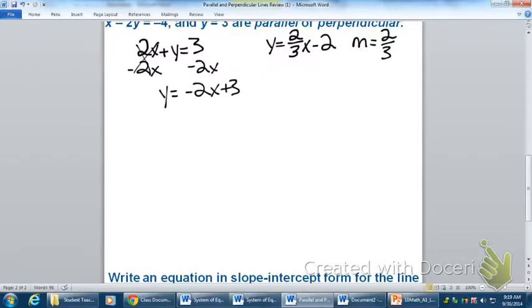What is the slope? Yeah, your slope is negative 2. Now, looking at both these slopes, you can tell if they're parallel or not. They're not the same, so they're not going to be parallel. Okay, so they are not parallel. Okay?